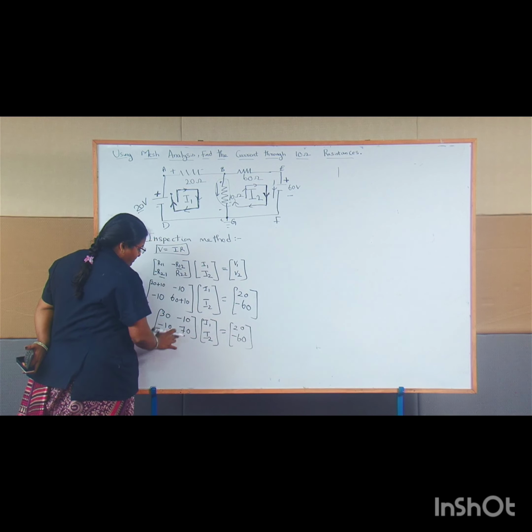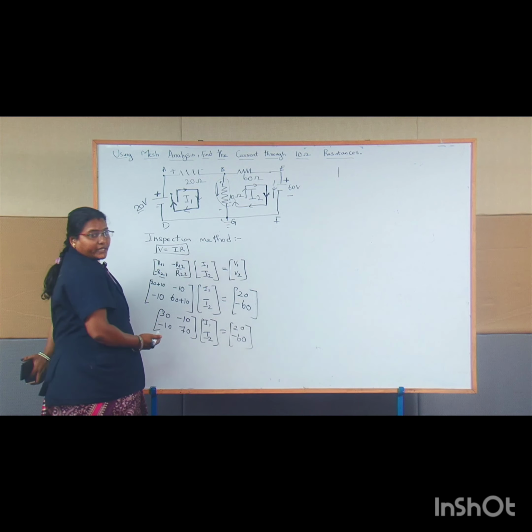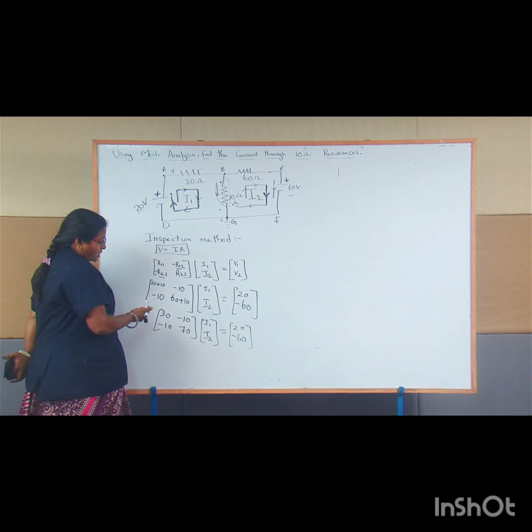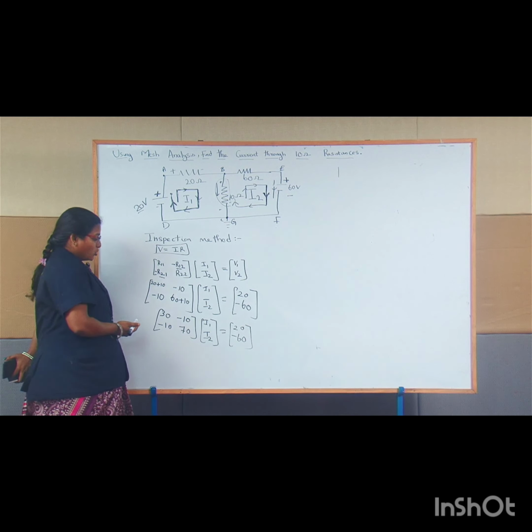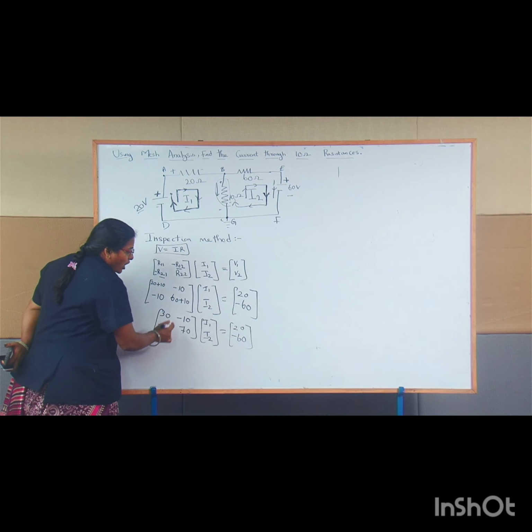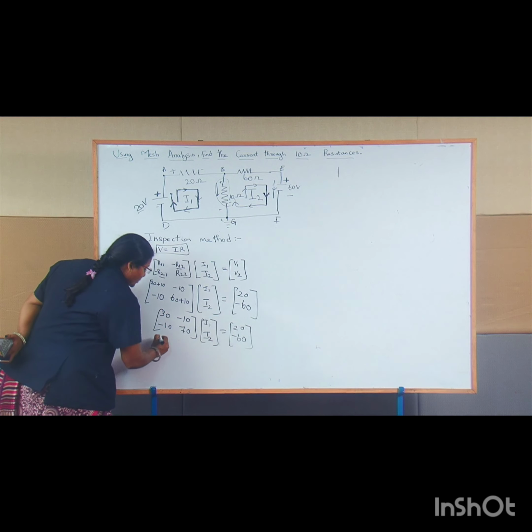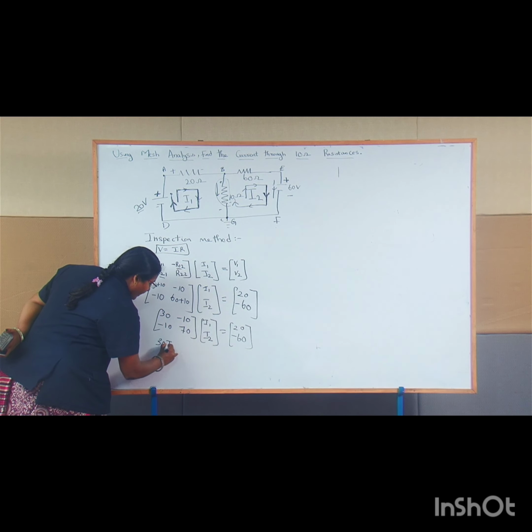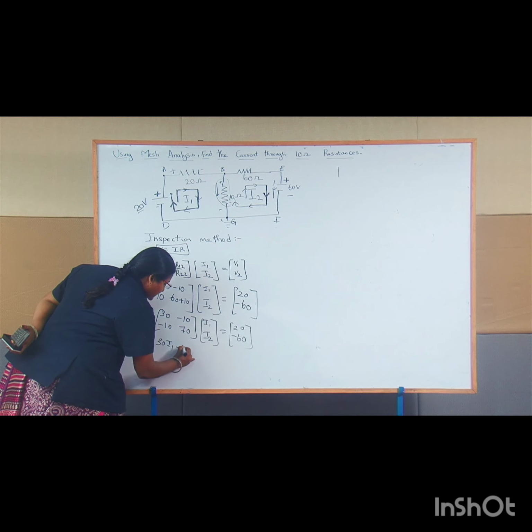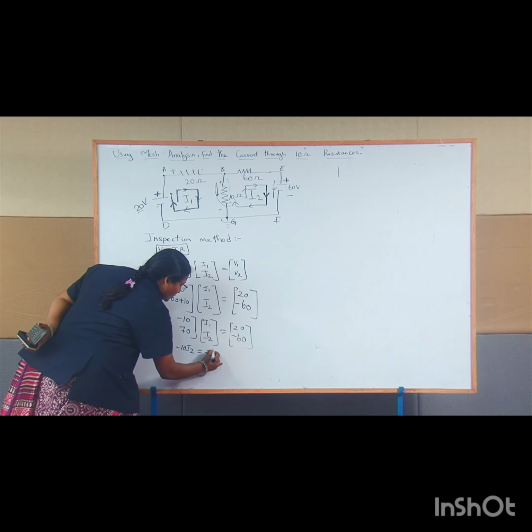Using this matrix, you can form the equations and also you can use Cramer's rule. I am going to form the equations first, then we will check with Cramer's rule. So 20 I1 minus 10 I2 equal to 20.